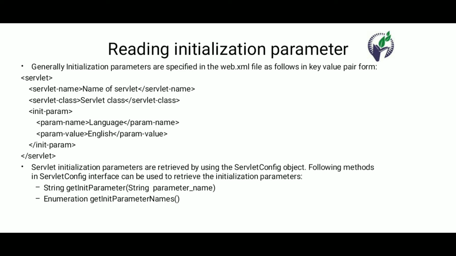Then getInitParameterNames is used to fetch the names of the initialization parameters, and it returns them in enumeration form, so it returns the number of initialization parameters.